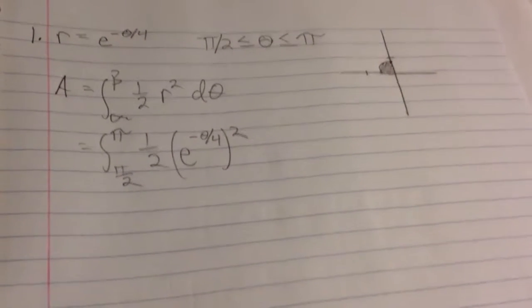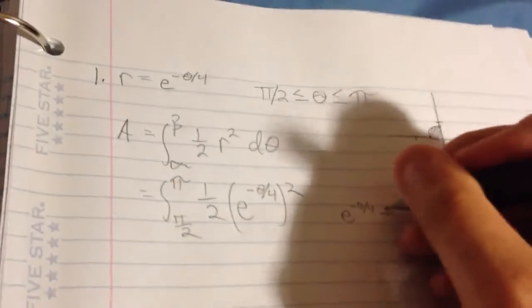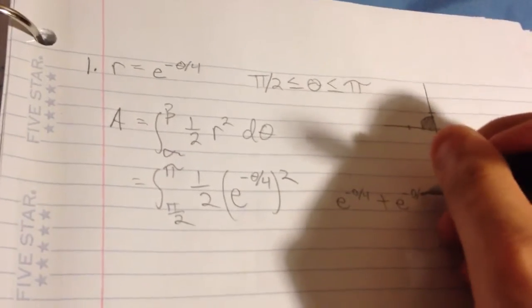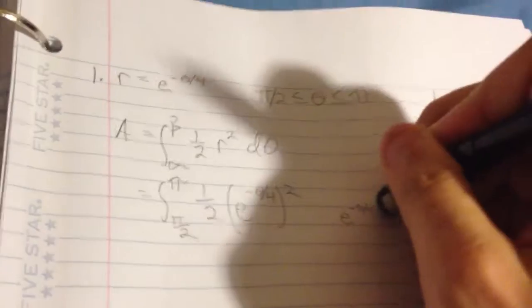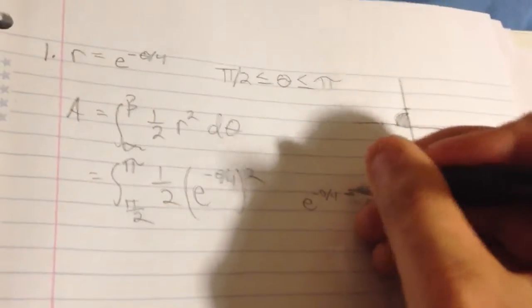Now, when you're squaring something with exponents and it has a like base, all you need to do is add your exponents. So it's basically e to the negative theta over 4 times e to the negative theta over 4. Or that's not entirely accurate. The addition actually takes place in the exponents.